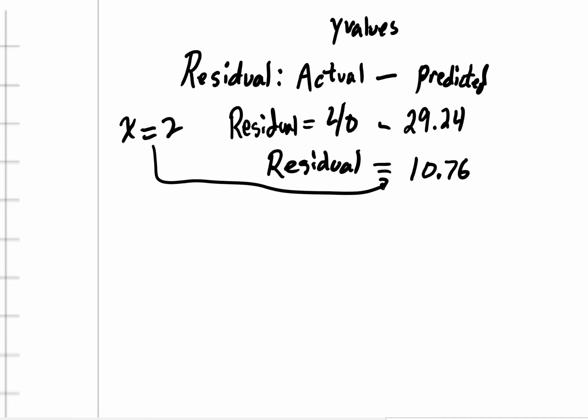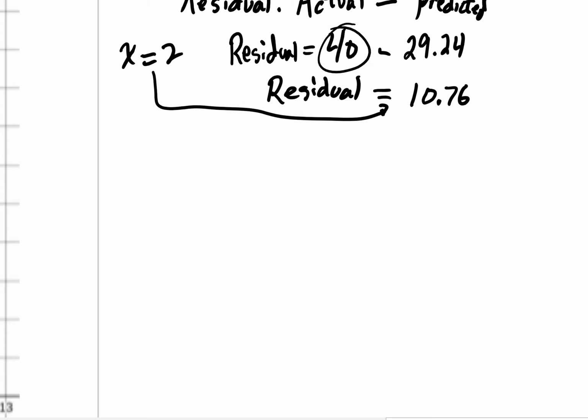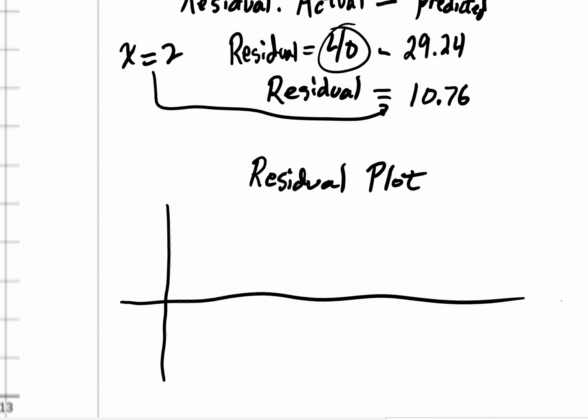What's that really saying? When your residual is positive, it means that your actual value is going to be larger than your predicted value. So where we're going with this is we're going to make what's called a residual plot. A residual plot is going to look like this.